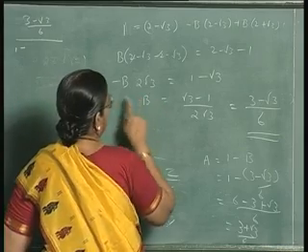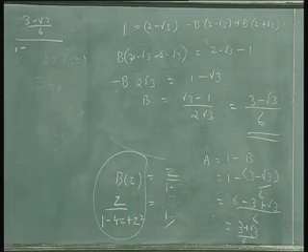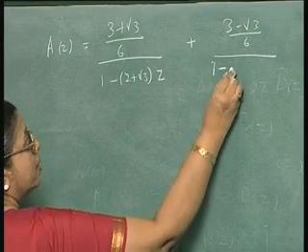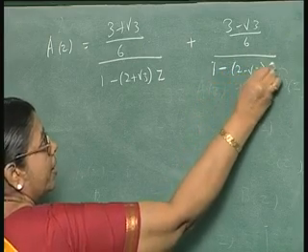See, this is okay, this is correct. So, this will be 1 minus (2 minus root 3) z.